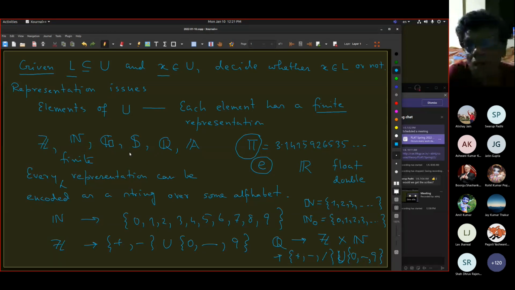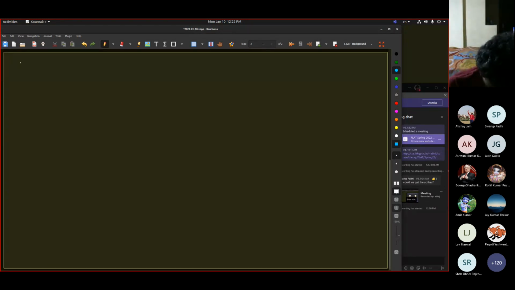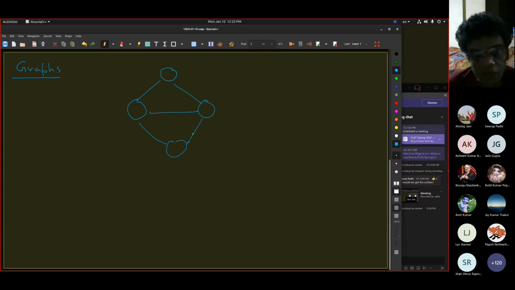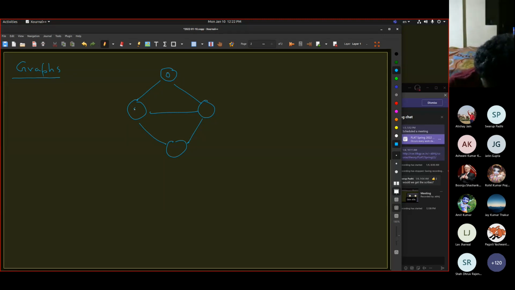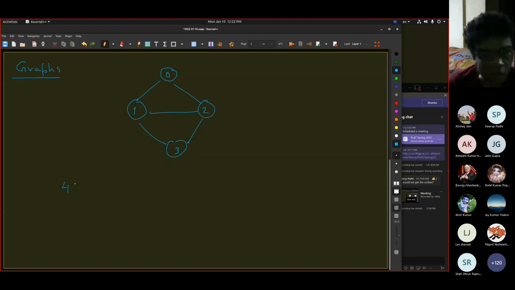If I now talk about graphs, they are actually mathematically two sets, but I can also represent them as pictures like this. So they do not look like strings, right? But the point is that if I give some numbering to them like 0, 1, 2, 3, I have a representation like this. Maybe I start with 4, telling that there are 4 vertices.